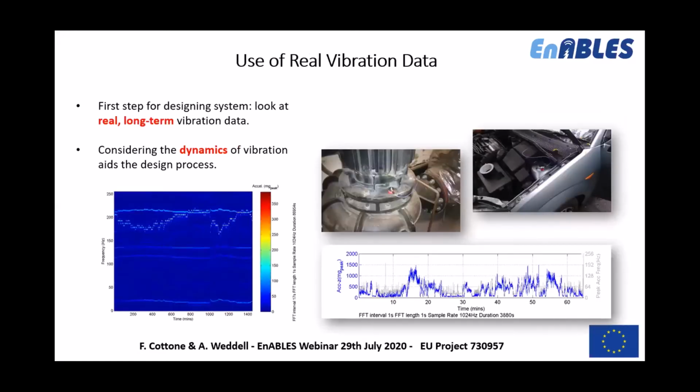So we've collected long-term vibration data in a range of applications, as you can see from some of our data collection exercises here. In the center of the slide, we have our accelerometer mounted onto a district hot water circulation pump. This pump circulates hot water around the whole main campus of the University of Southampton, and the data shown on the left-hand side is from that pump.